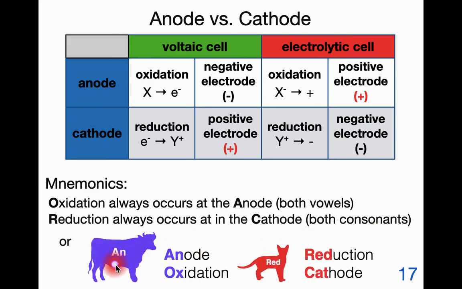Or you might use this: anode oxidation, an ox, and reduction cathode, red cat. So, like most mnemonic devices, the sillier it is, the easier it is to remember. So take it or leave it.